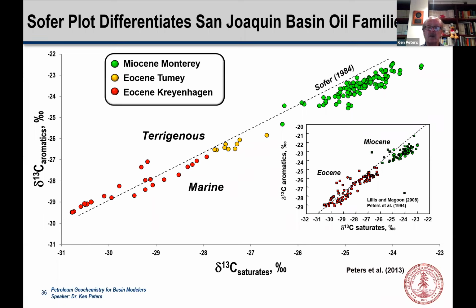This is actually from a paper by Lillis and Magoon in 2008, and here's another one from myself in 1994, same sort of thing. In this basin, the isotope compositions of the oils from the different source rocks are quite distinct. In other basins, not so. You may have oils that are quite different in age that have similar isotope compositions.